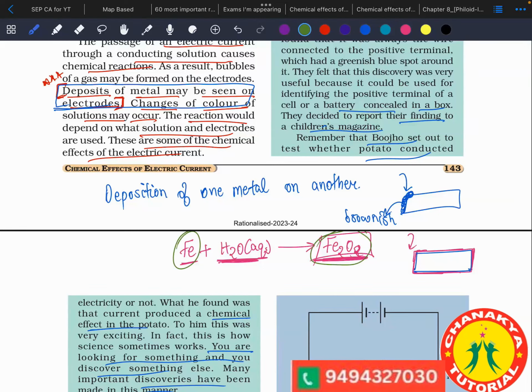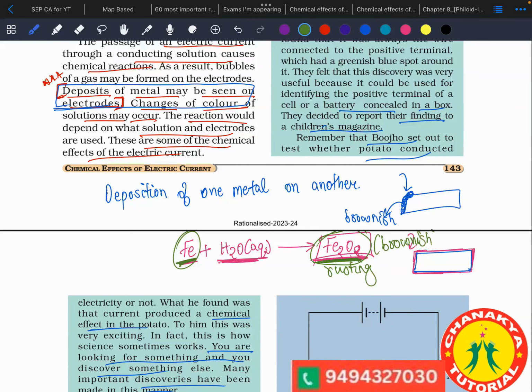Isn't it a new substance? Yes, sir. Earlier it was only iron, but now the oxygen has combined with this iron and it has formed some new kind of material, which we now call rust. And this new material is brownish in color.